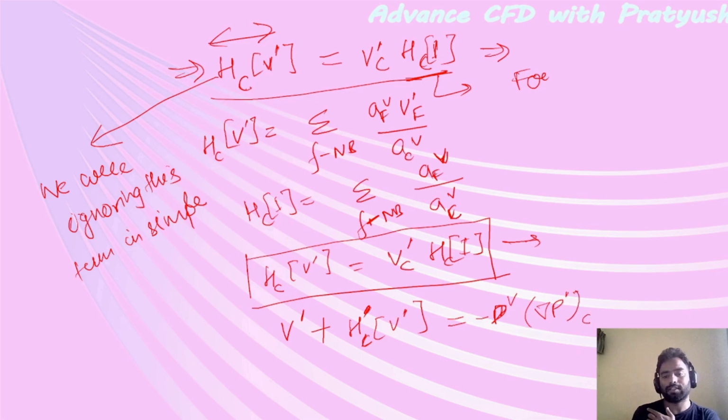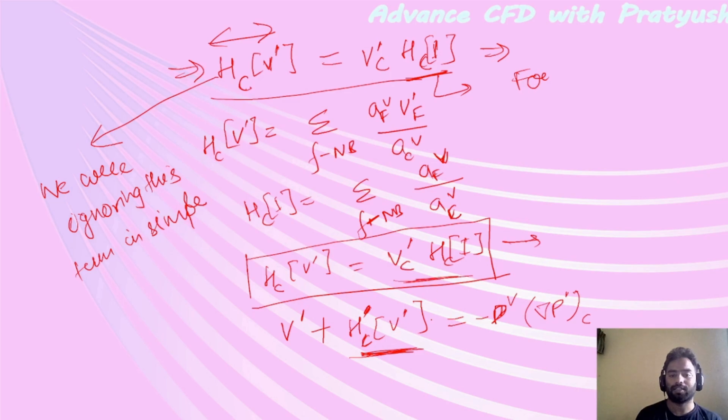So these were the equations for the velocity corrector step. In earlier simple schemes we were ignoring this term, and why we were ignoring it I have already explained. But now in the simplex algorithm we are going to consider this term also, by this approximation.